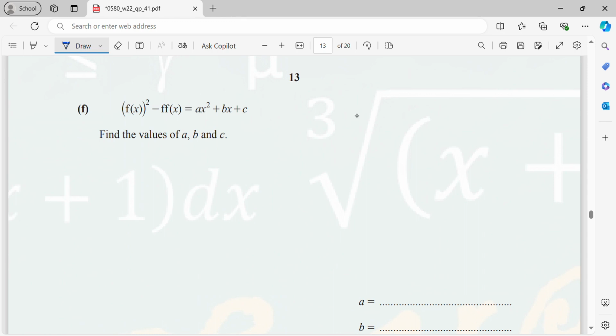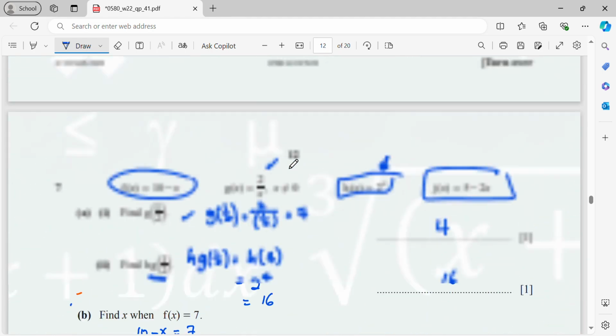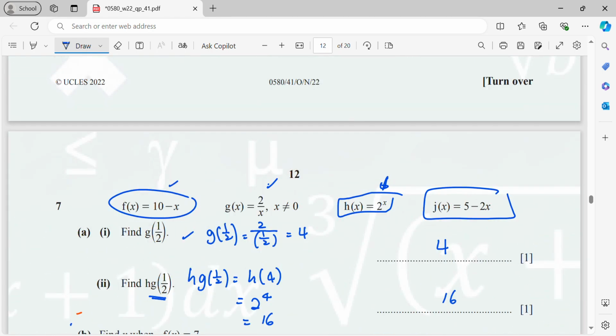Okay, f square of fx minus ffx. This is basically the composite function, equals to ax squared plus bx plus c. Find the values of a, b, c. So now I have to find the ffx first. This is f of fx, composite function. So f of, now my fx is basically 10 minus x.